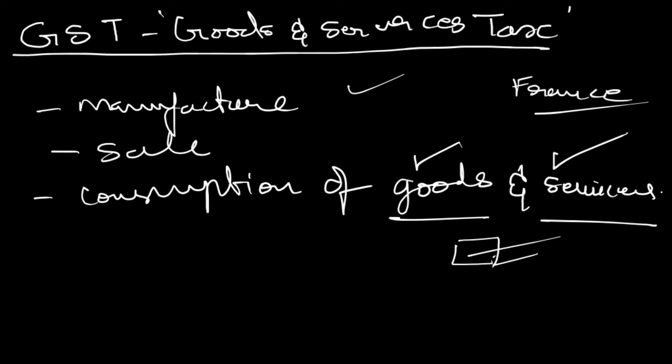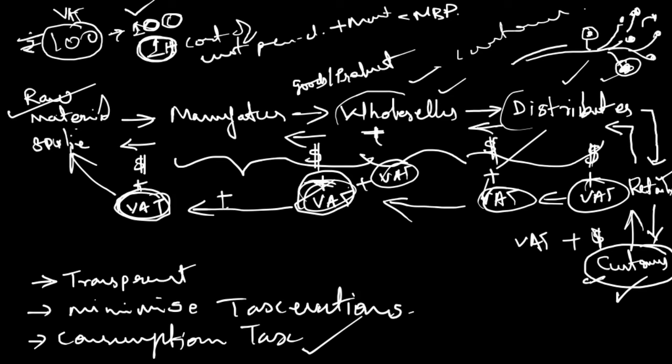So it is a tax on goods and services which will be levied at each point of sales, or provision of services. Yes, here also point of sales is happening.